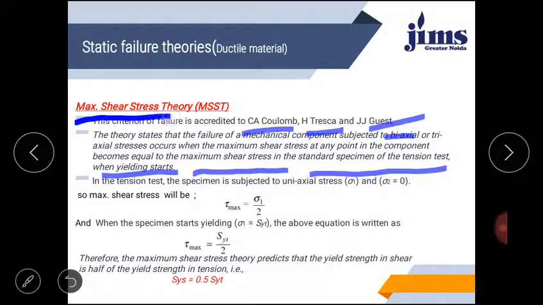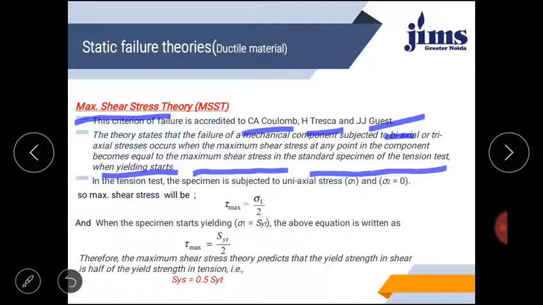Maximum shear stress theory means maximum shear stress will be the criterion to decide the failure, and your component will fail when, subjected to triaxial or biaxial loading, it reaches the maximum shear stress of the standard specimen of that material.